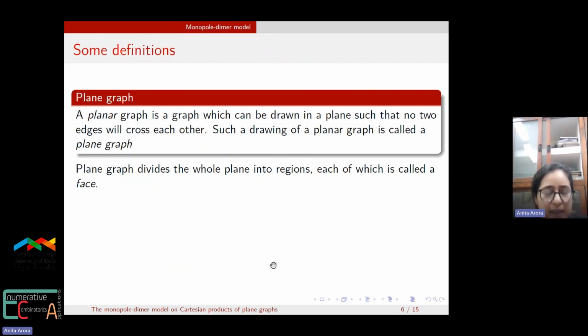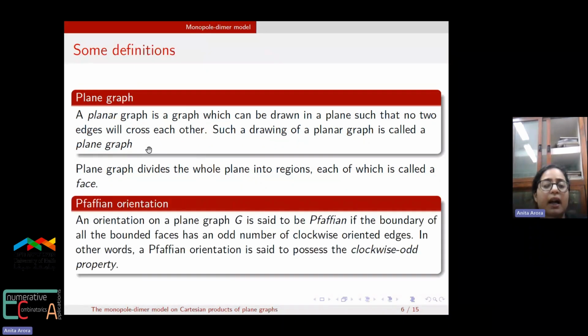Now let me recall some basic definitions. A plane graph is a graph which can be drawn in a plane without any edge intersection, and such a drawing of a planar graph will be called a plane graph. It divides the whole plane into some regions, which will be called faces. There is a special orientation for plane graphs called the Pfaffian orientation.